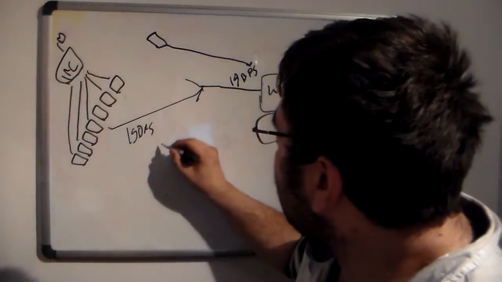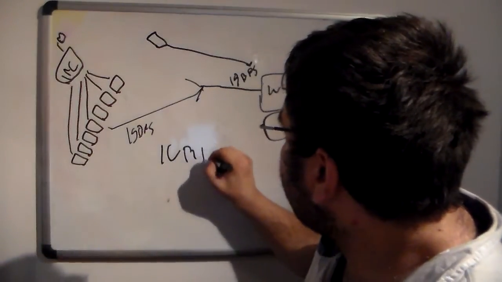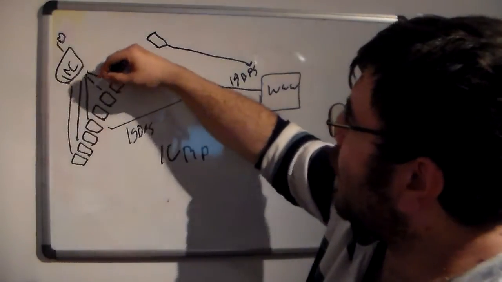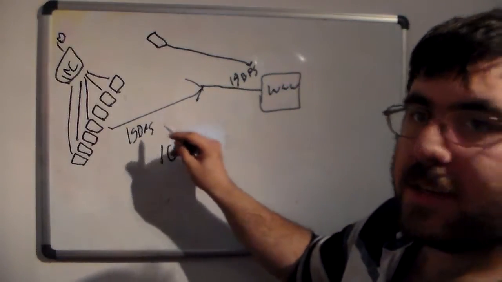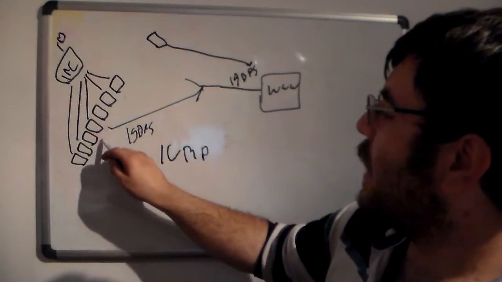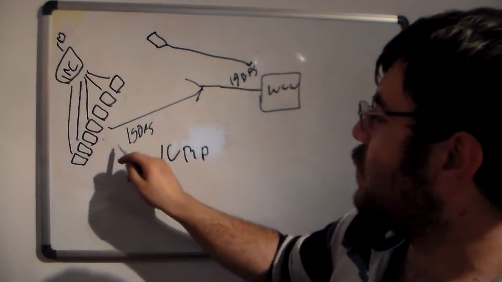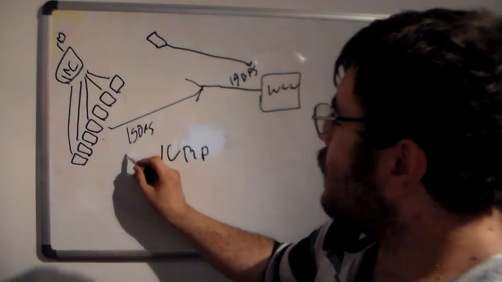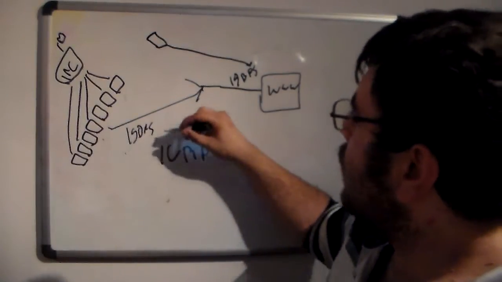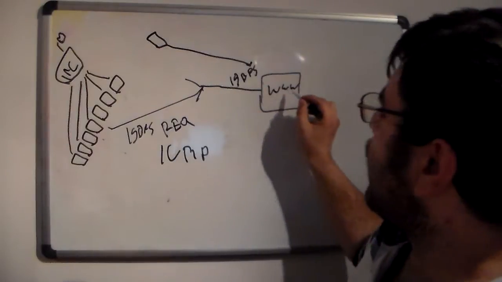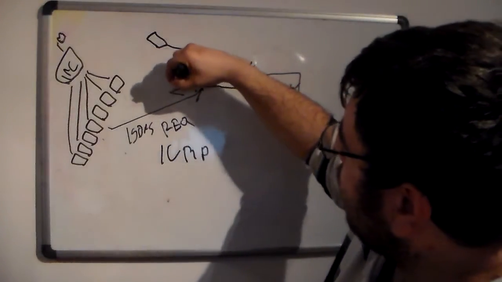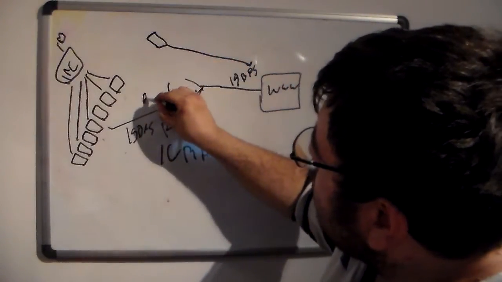Okay, so we'll do ICMP, for instance, an ICMP ping, where now there's two transactions. One, if I'm pinging, all these machines are going to send a request, and then this server will have to come back with a response.